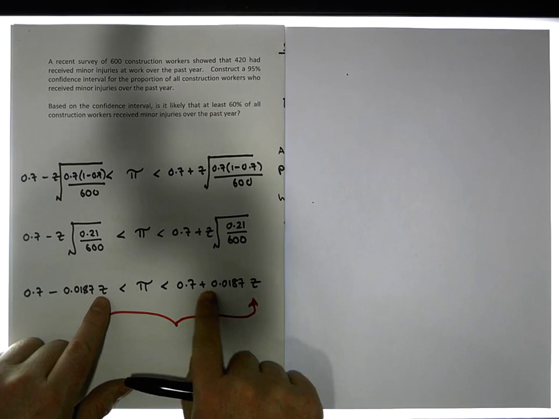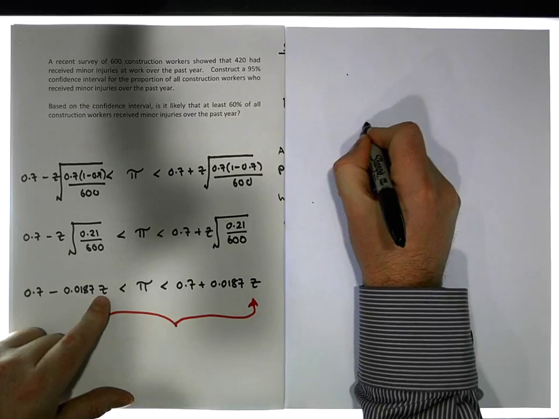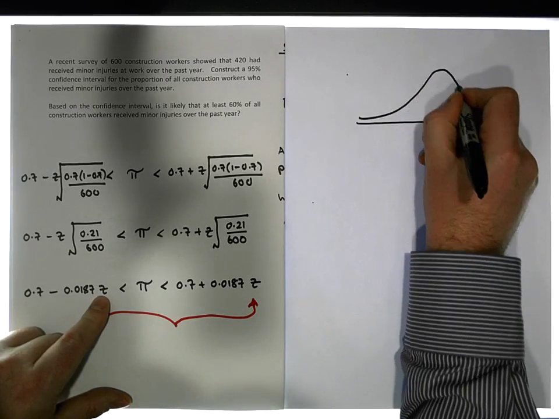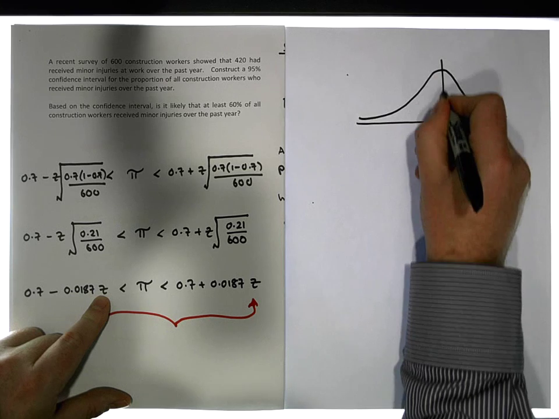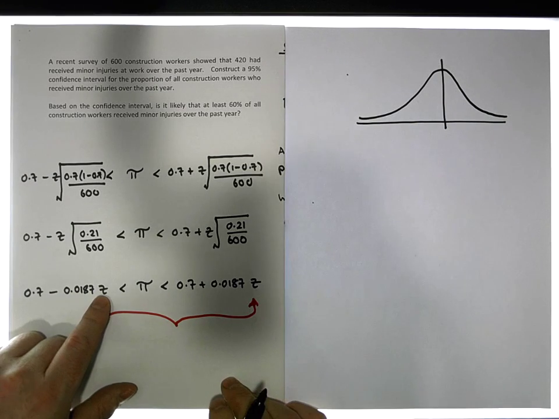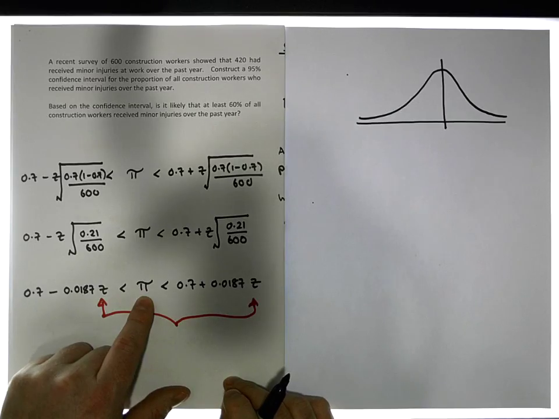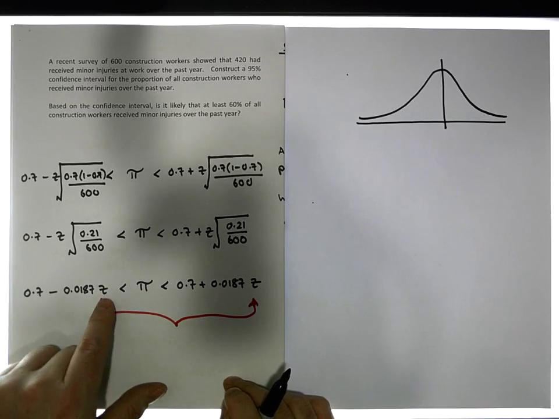Now the z distribution is a symmetric distribution, okay? It's a symmetric distribution, okay? That's centered on 0. And what we'd like to do is we'd like to have an estimate of our true population proportion, okay? And it's a 95% confidence interval that we want.